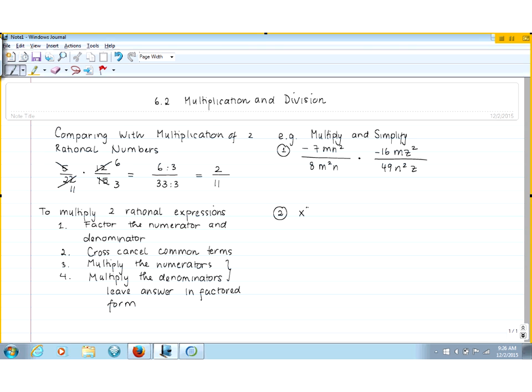Number two. x squared minus 9 over x minus 5 multiplied by, why did I say equal? 3x minus 15 divided by x squared minus 3x.